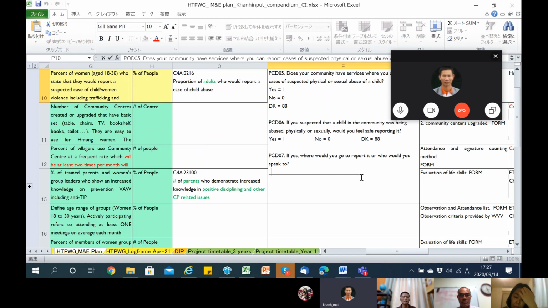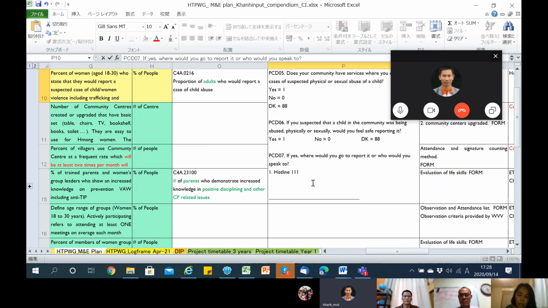Yeah, I think it should be a combination, with three options for them. For example, if they can say report to 111, we can think that they know the service. They can report to the police.